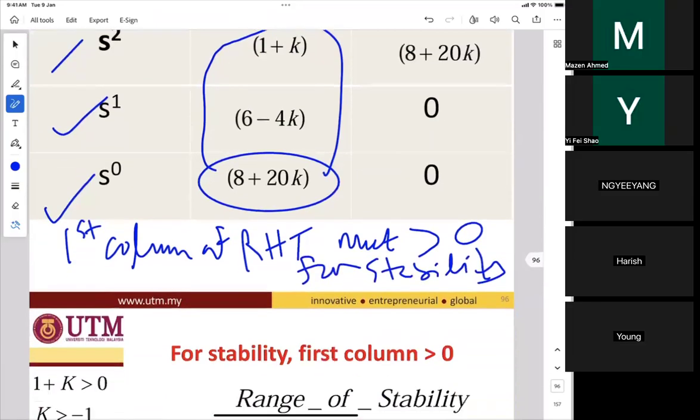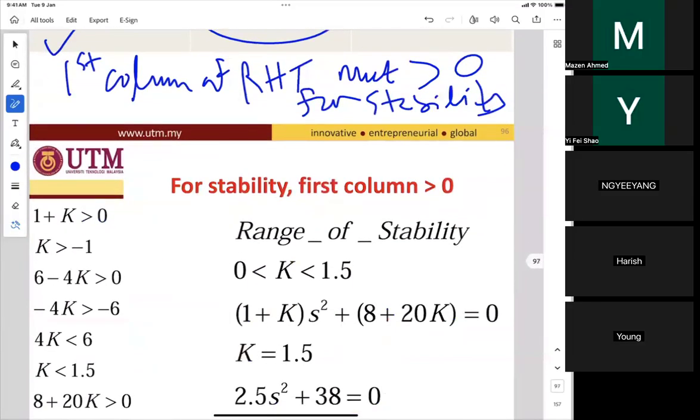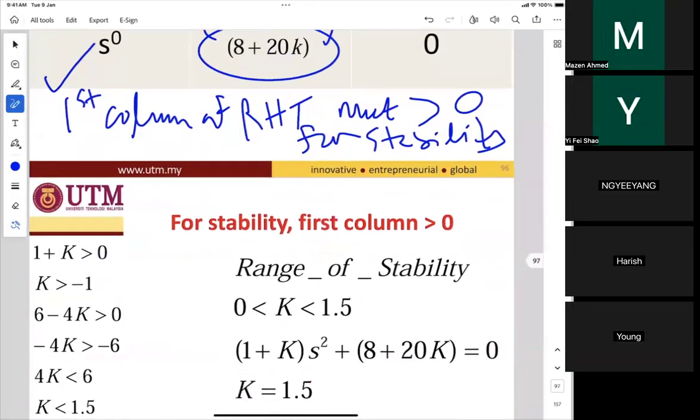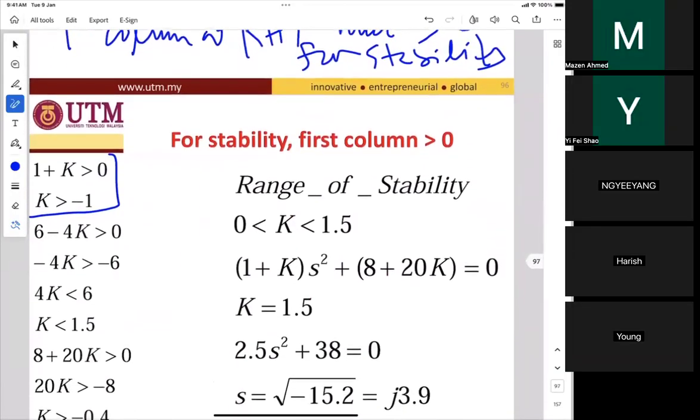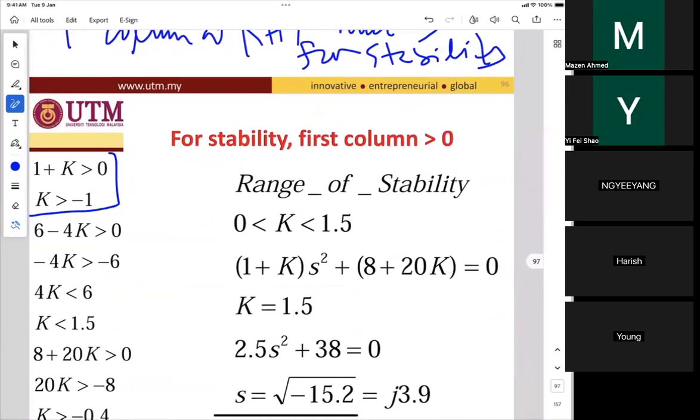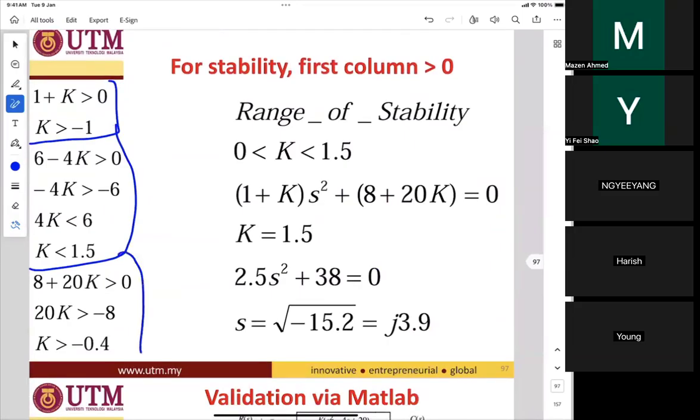So we simplify. Number 1, number 2, and number 3. Okay, so the range of stability is between 0 and 1.5.